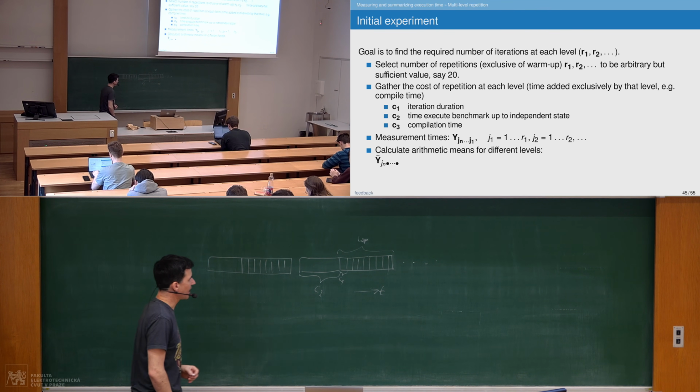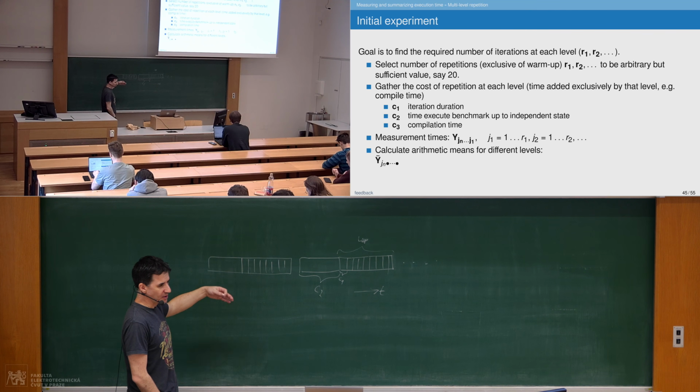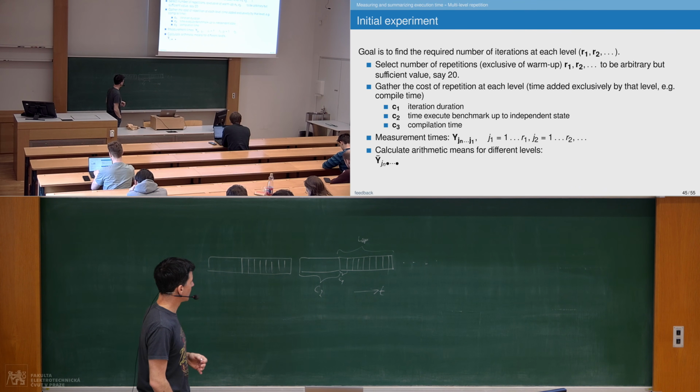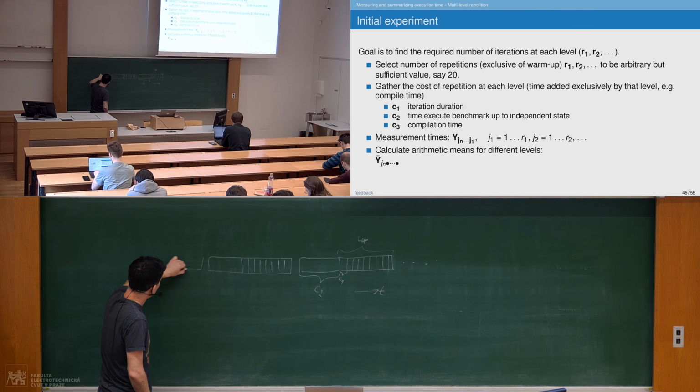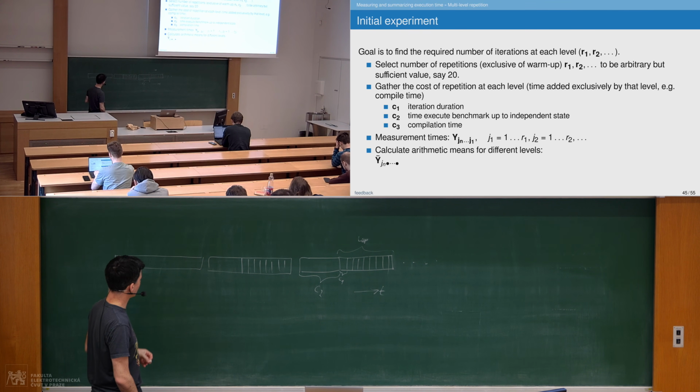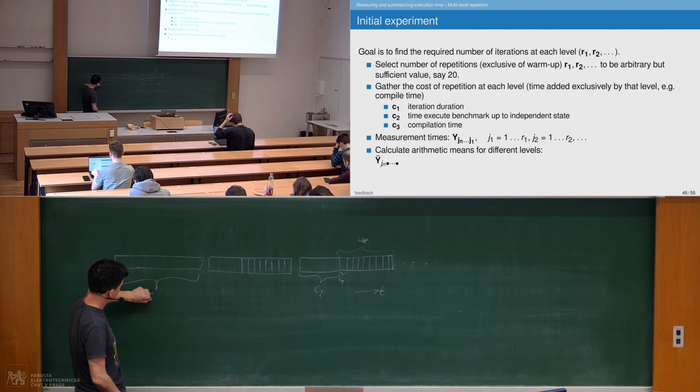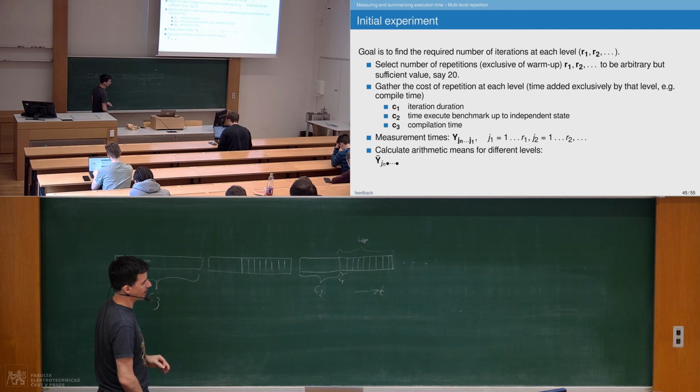And at the same time, if you need to repeat also the program by recompiling it, compiling the program takes some time, so this will be the cost of compilation.